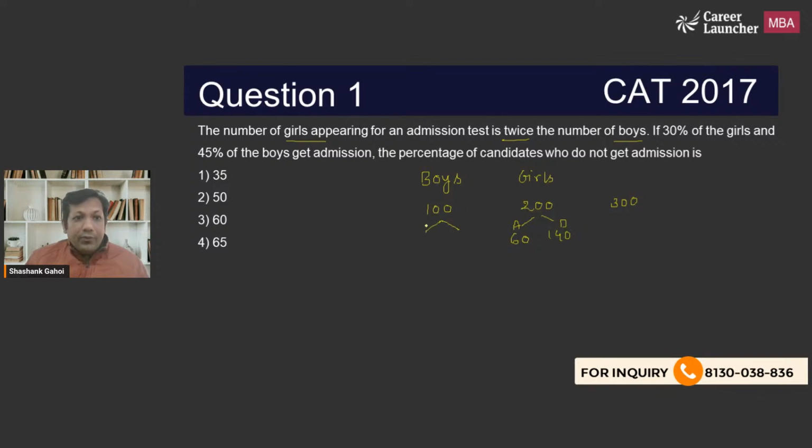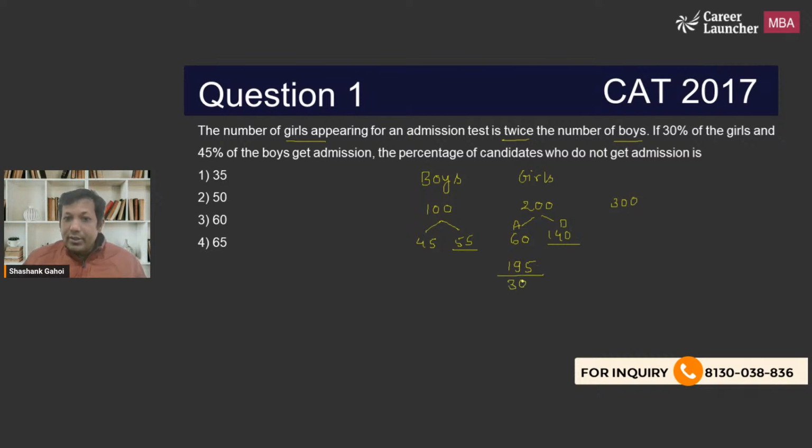And out of 100, 45% of the boys got admission. So how many boys got admission? 45. How many boys did not get admission? 55. Now what is the question talking about? The question is asking for the percentage of candidates who do not get admission, which is 55 plus 140. So basically overall 195 students did not get admission out of how many?